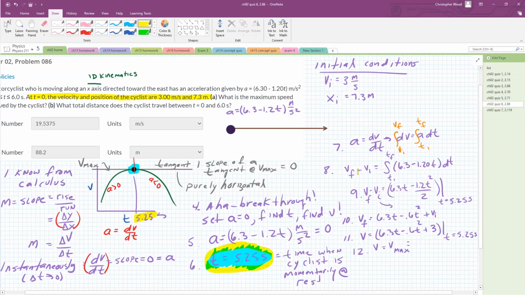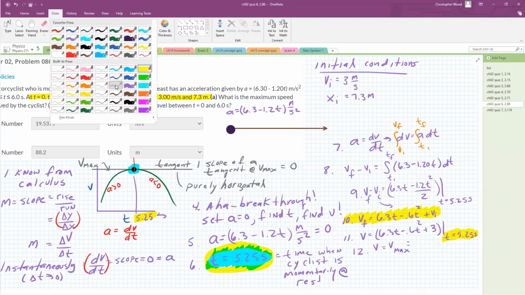Steps 7 and 8 are me basically getting a velocity function. Ultimately, I have my velocity function here in step 10. And then I'm saying, okay, if this is my velocity function, what is the velocity at 5.25 seconds? Because at that time, that's my max velocity. And that's what we're being asked to solve for.